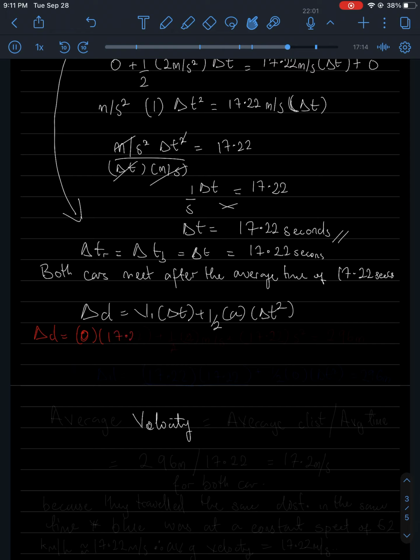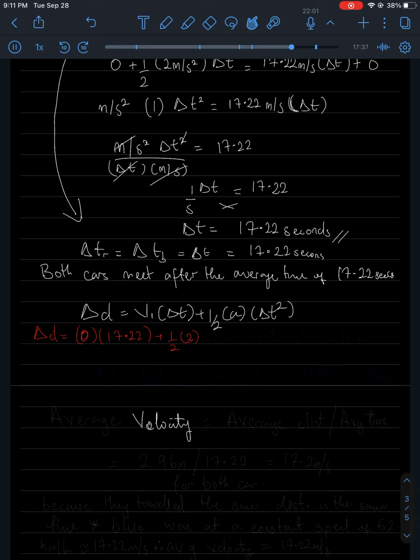We know delta t is now 17.22. This is plus 1/2, acceleration is 2. I'm going to write this again with the units by the side, so you can see how all the units are going to divide and multiply up to meters.